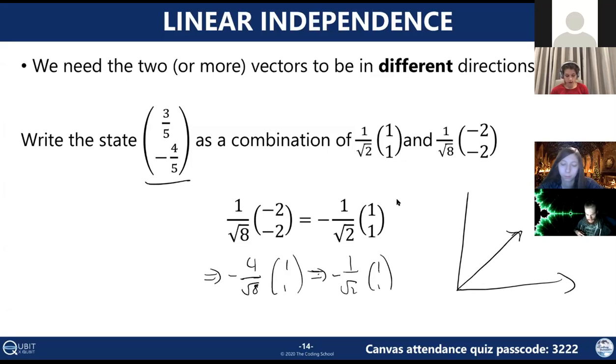Like the magnitude of one is maybe twice the other. So with the new version I wrote out, where one is twice the magnitude of the other, they still point in the same direction. So you can't create any states that aren't along this line in space. You could not create this vector, you couldn't create this, you can't create any of them. You can only create vectors that are along that line.